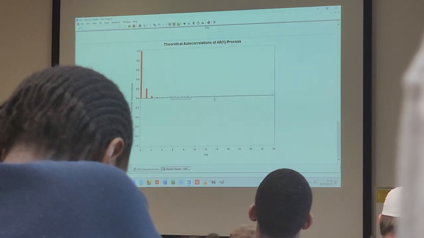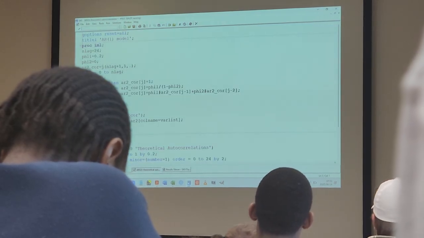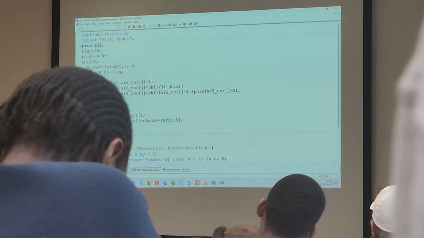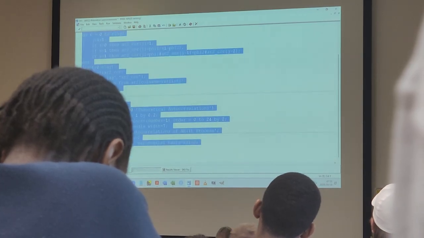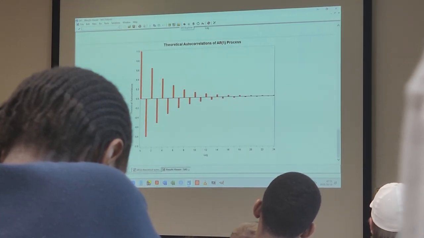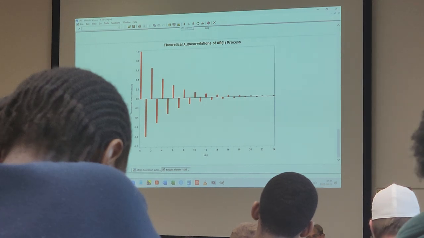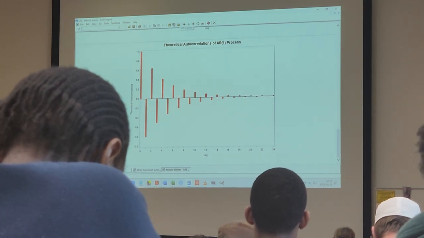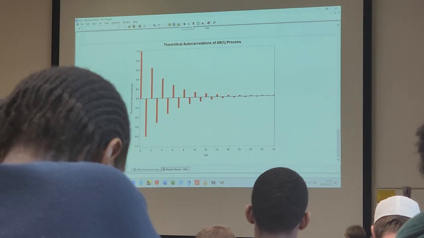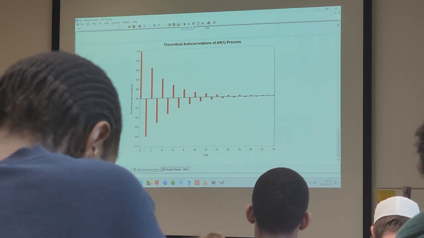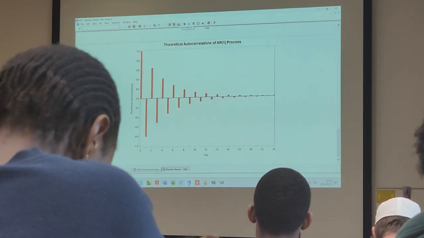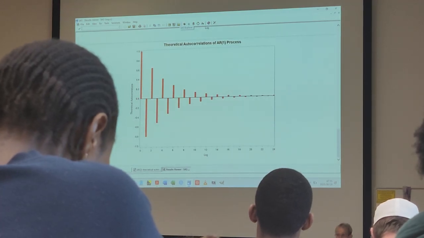What if I make my phi negative? Well, we talked about this before already. Make it 0.8 again, but negative 0.8, and run it. Now I get an alternating pattern. At odd lags 1, 3, 5, 7, 9, my autocorrelations are negative, and at the even lags 2, 4, 6, 8, and so forth, my autocorrelations are positive.